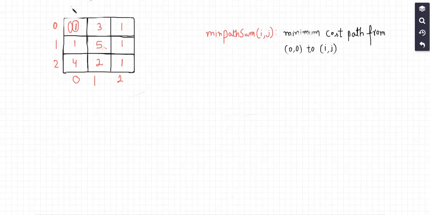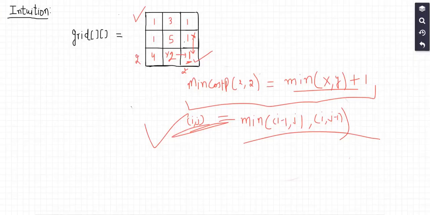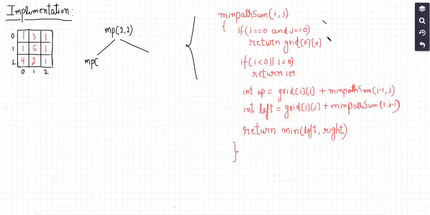Because I do not have any other cells, I'm starting from here. The min path cost here is 1. So if I'm standing at the first cell, then I simply return the value that is present at that cell. Here you can see that.